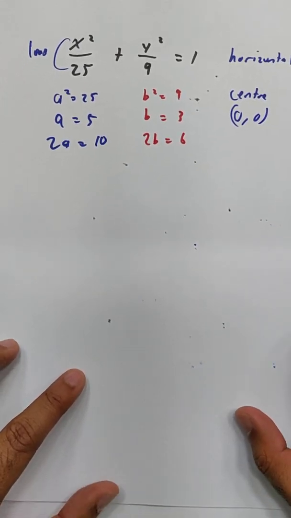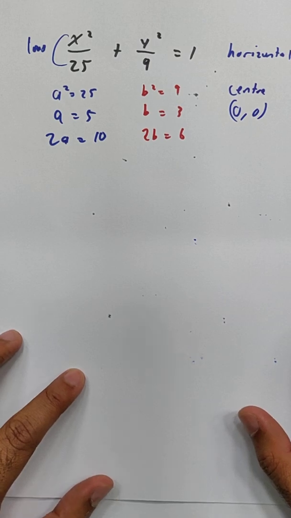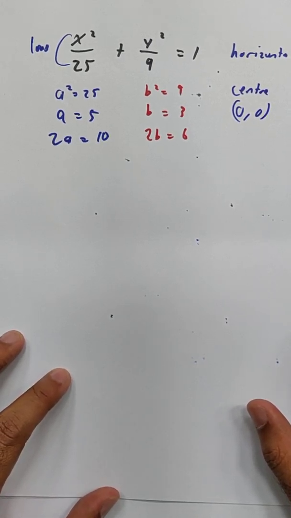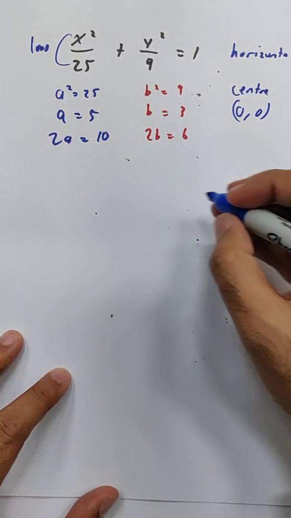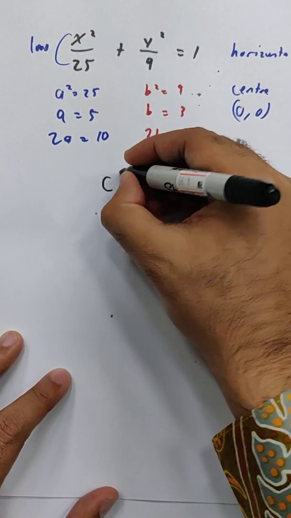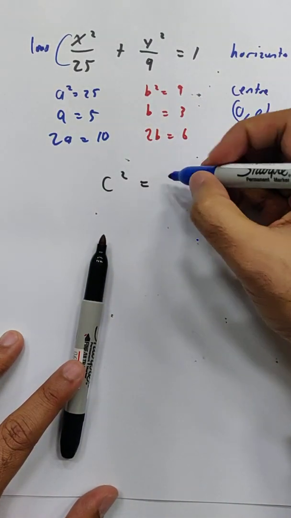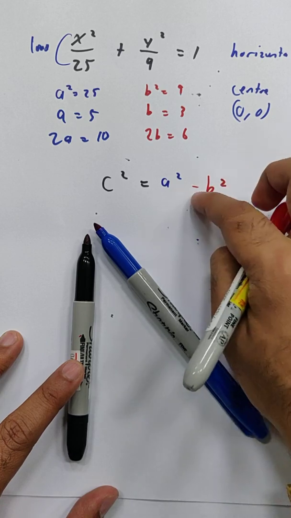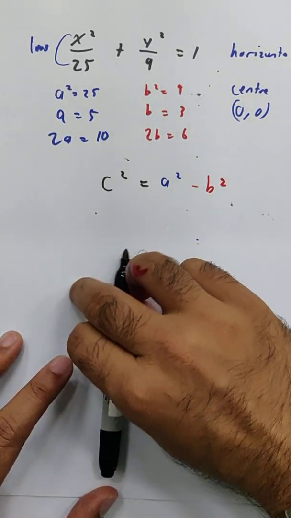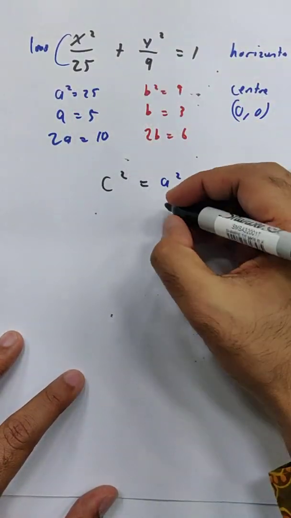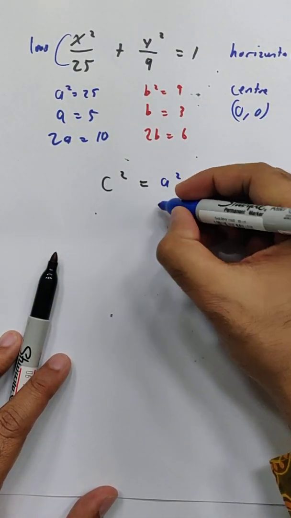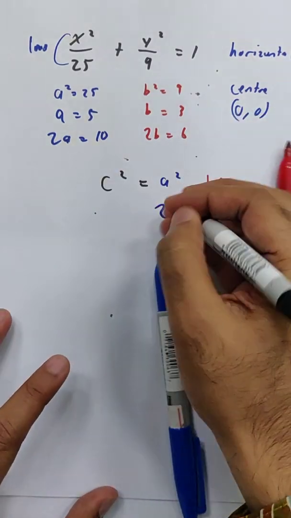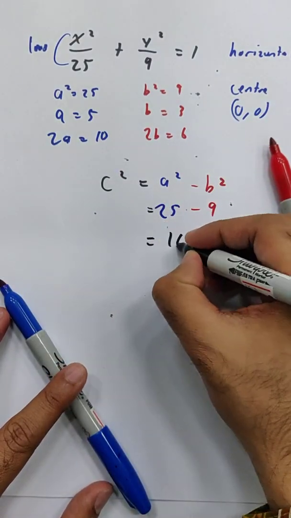Now what about the foci? What's your value of c? Do you remember how to find foci? The formula is c squared equals a squared minus b squared. Not plus, okay? So 25 minus 9 gives you 16.